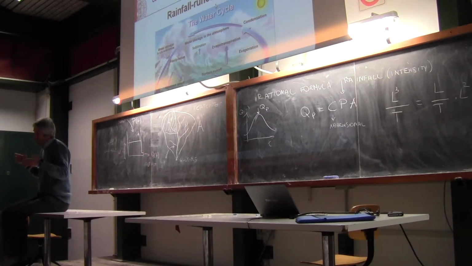And therefore, keep it in mind, because when you make your computations as an engineer, of course you need to make sure that units are consistent. And this is tricky, because usually we measure rainfall in millimeters, and we measure the river flow in cubic meters per second or liters per second.